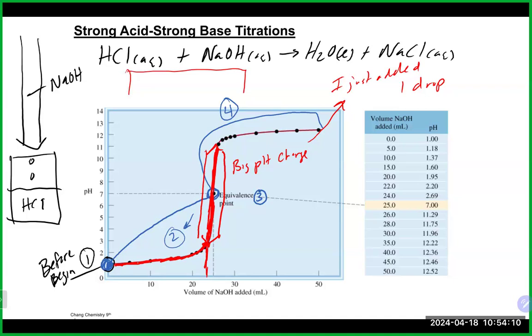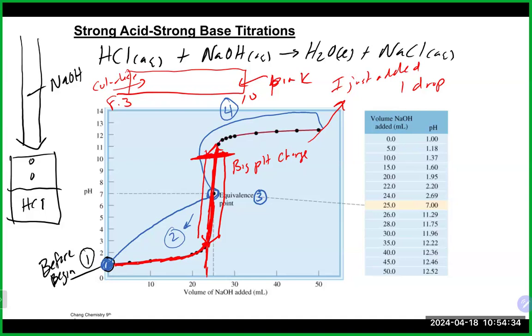Because something like phenolphthalein, which is colorless at 8.3 and pink at 10, when you added that one drop, it might have jumped your pH up here, which is definitely in the 10-ish range, and that's going to be really pink.